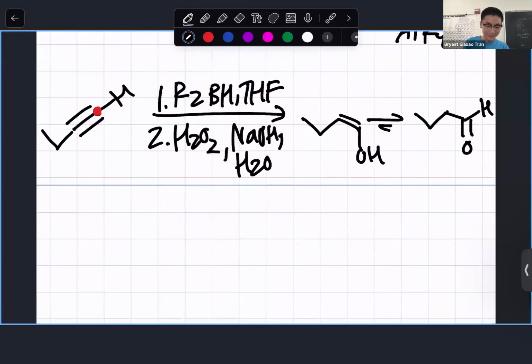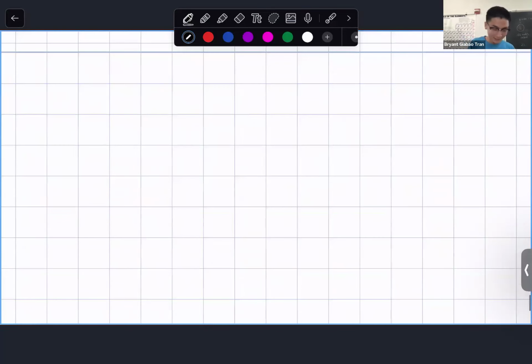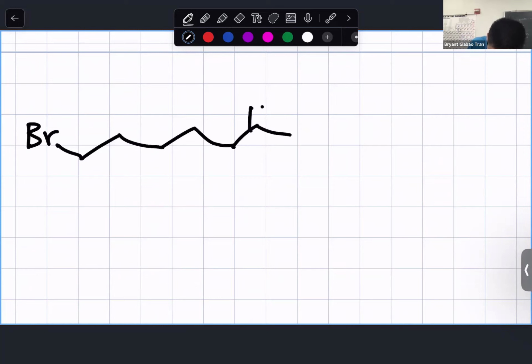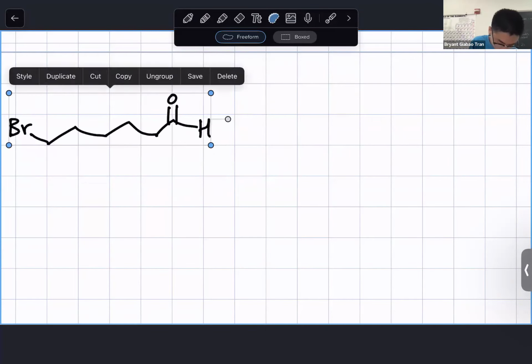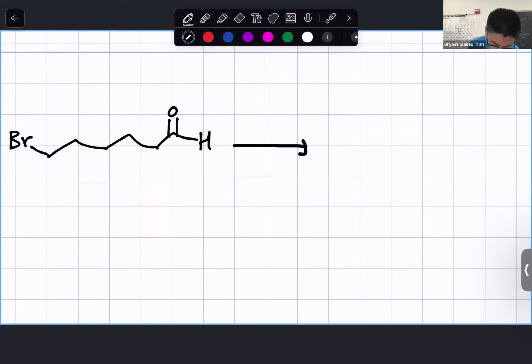Okay. I'm going to have you guys think about this synthesis problem for 2 to 3 minutes and see what steps you would do here. Let's say that, and we try to create 1, 2, 3, 4, 5, 6.